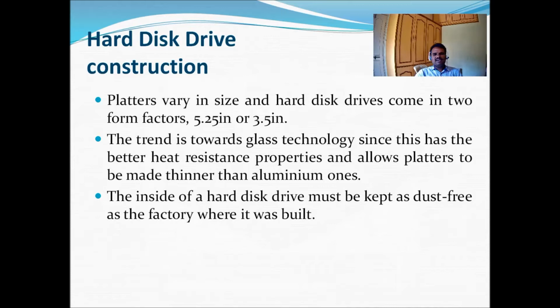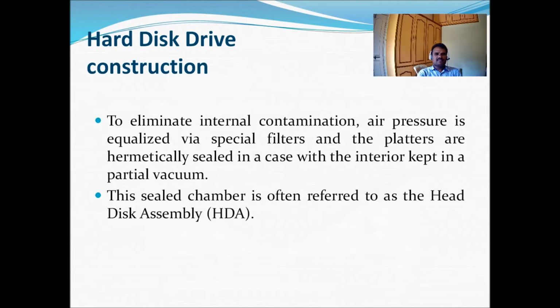The inside of a hard disk drive must be kept as dust free as the factory where it was built. The inside of the hard disk must be in a sealed chamber, so we must not allow any dust. To eliminate internal contamination, air pressure is equalized via special filters and the platters are hermetically sealed in a case with the interior kept in a partial vacuum.